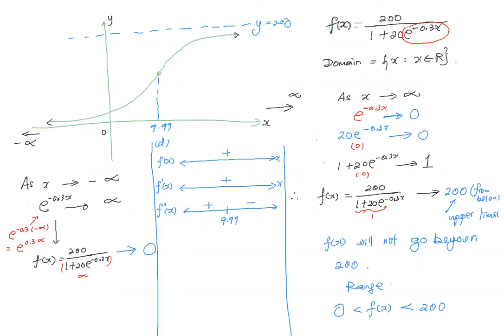So when I use this to describe, and when you base on the graph, how are you going to describe? You say for x, so this is a crucial point, less than 9.99, y equal to f(x) is increasing with, okay, I'm going to ask someone to tell me, increasing with what rate?